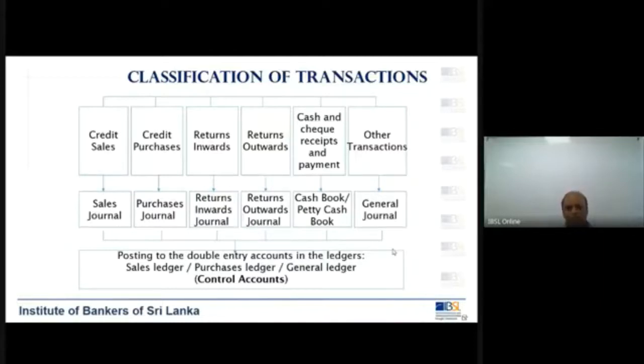Now these are the four major arms of transactions in a trading concern. What is the end result? All these transactions have to be materialized into cash at some point in time. When the credit period is over, all these transactions have to materialize in the form of cash.